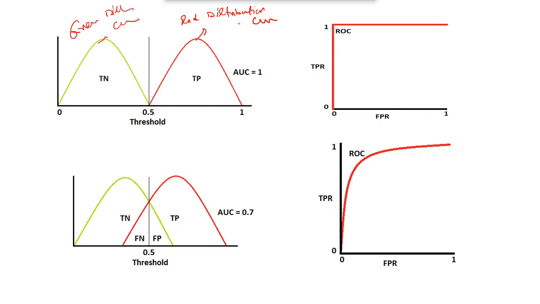The red distribution can be considered, for example, as patients with the disease, and the green as patients with no disease.